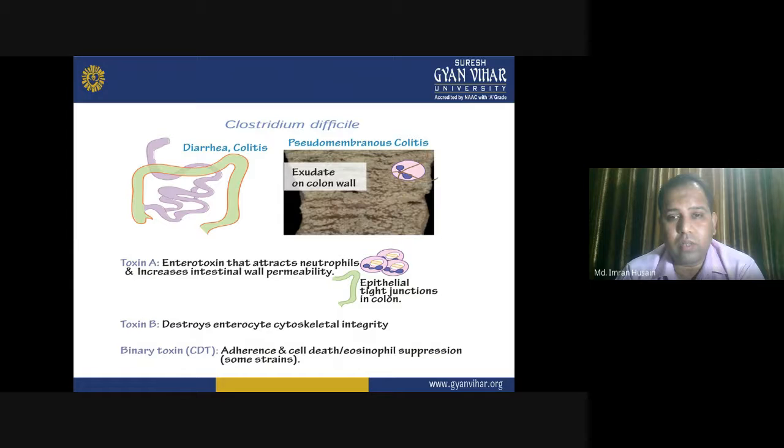So, it creates holes in the epithelial tight junctions in the colon. Toxin B destroys the enterocyte cytoskeletal integrity. So, it readily disrupts the cell cytoskeletal integrity at the cellular level. Binary toxin CDT causes adherence and cell death, and eosinophil suppression in some strains.